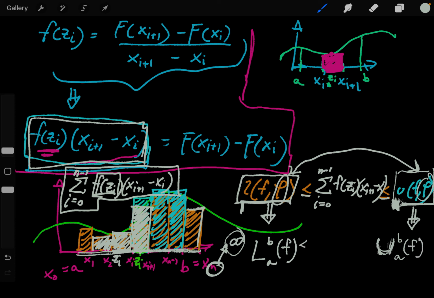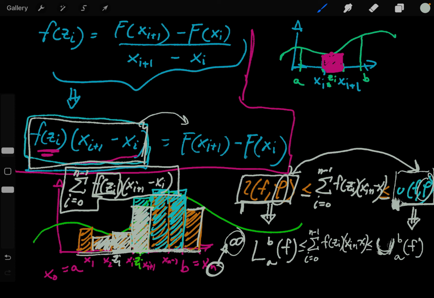And again, this sum is for sure squeezed between them. Okay, and basically now I'm in a position because now these two, this is equal to this.